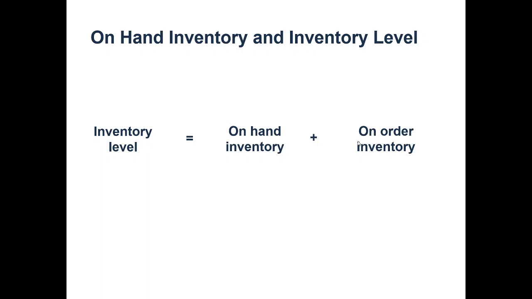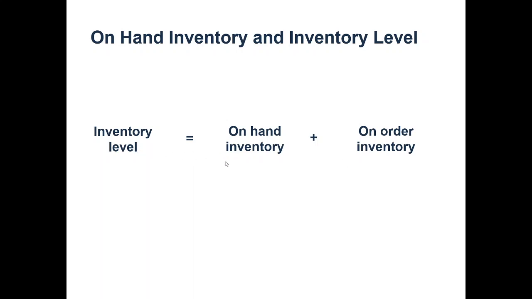We have, in addition to that, the on-order inventory, which is the amount of inventory that we will receive in the near future because we placed an order with our supplier, and this is an inventory bound to be received within the lead time period agreed with the suppliers. And the summation of both is our inventory level.